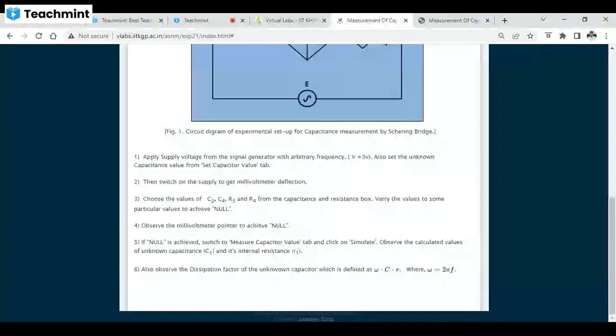In simulate, we click on the simulate button, and also observe the discharge of unknown capacitance as omega C dot R.